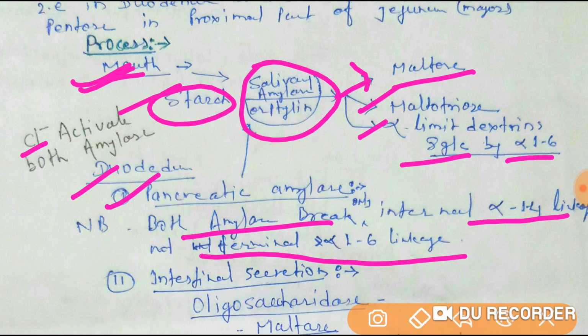The amylase has the property to break only internal alpha-1,4 linkages and is not able to break the alpha-1,6 linkage and the terminal alpha-1,4 linkage.